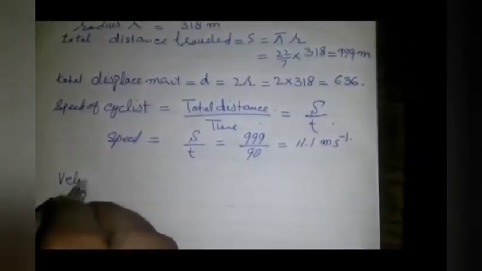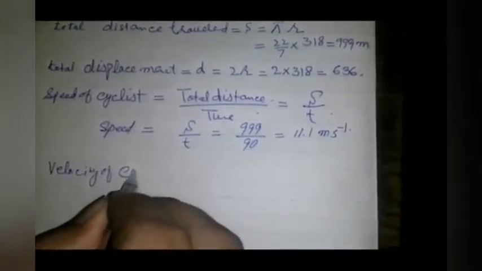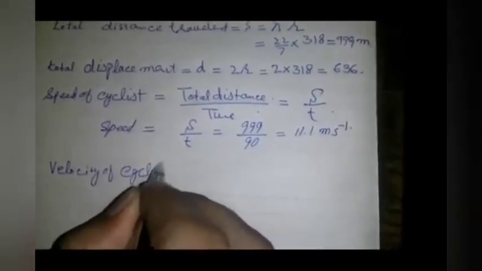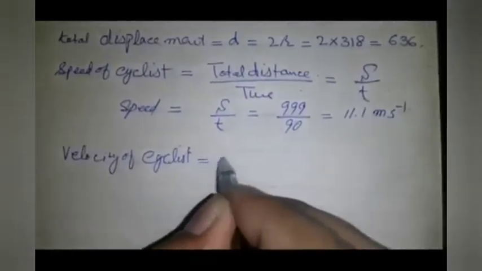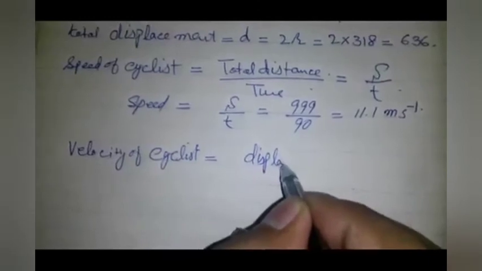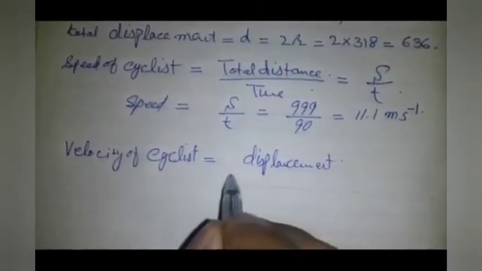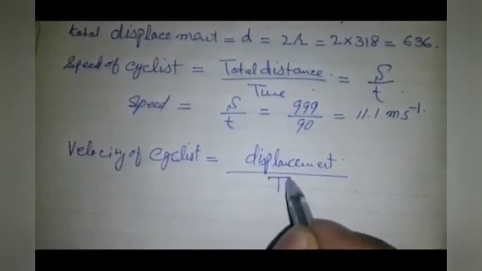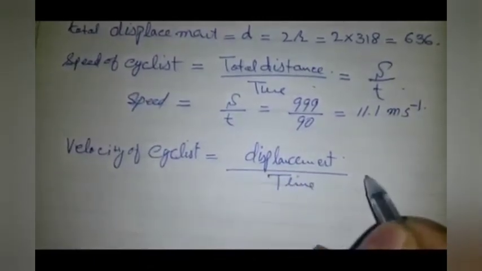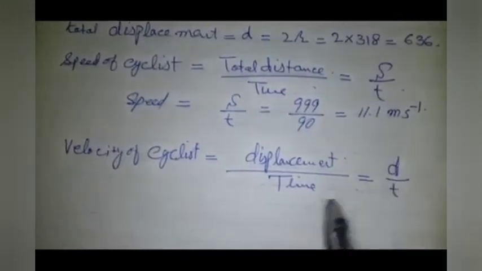Velocity of cyclist is equal to displacement over time, which is equal to d over t.